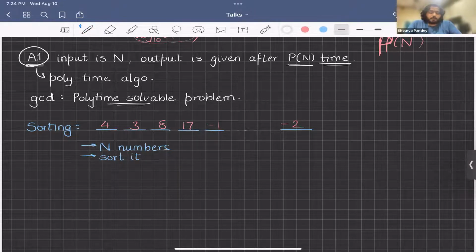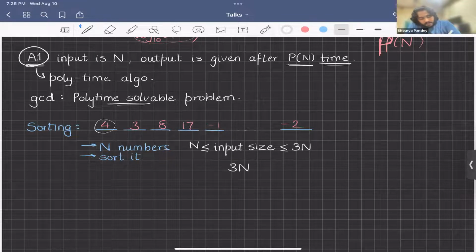First of all, it is important to know what the input size is. What is the input size here? For simplicity, let's just say that all numbers are small enough, between -1000 and +1000. Then each number needs at most 3 digits to write. So the input size is at least n and at most 3n.